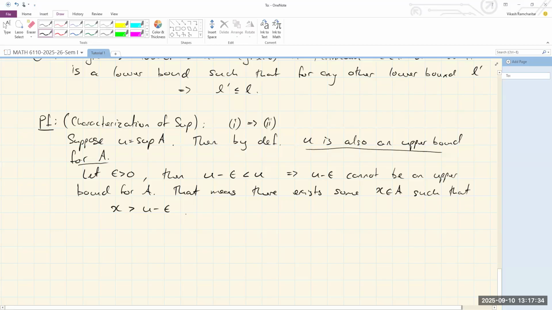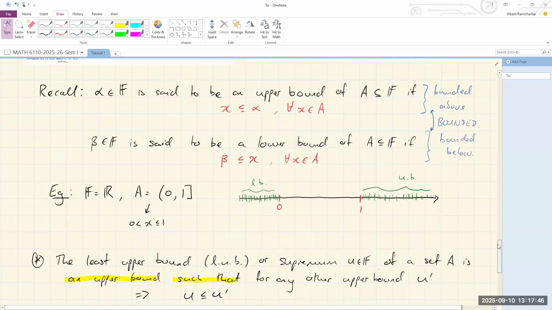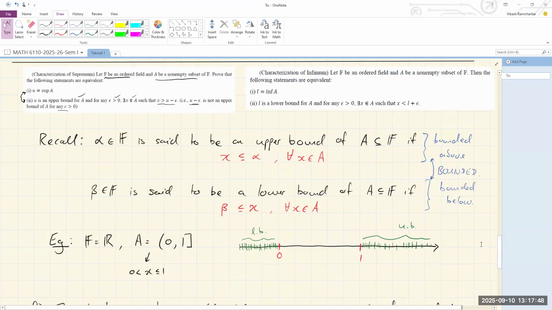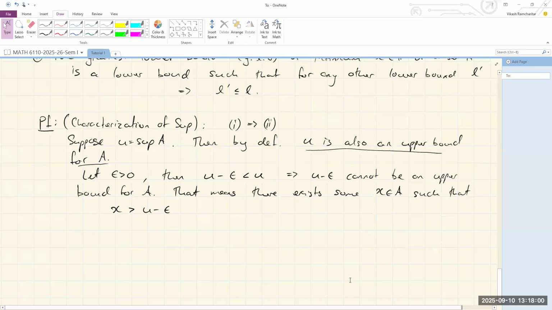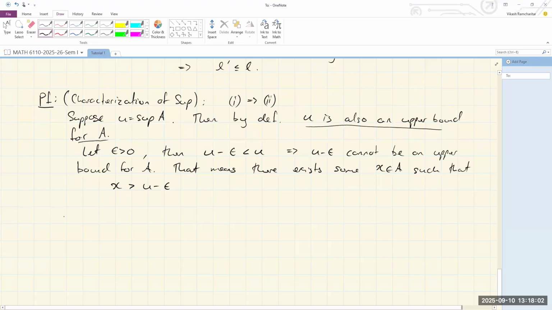I believe this is what we wanted to prove. So that's the proof for 1 implies 2. Now we need to prove 2 implies 1.